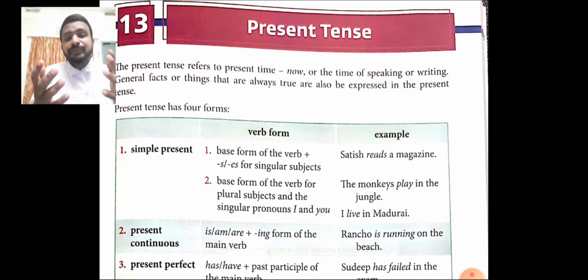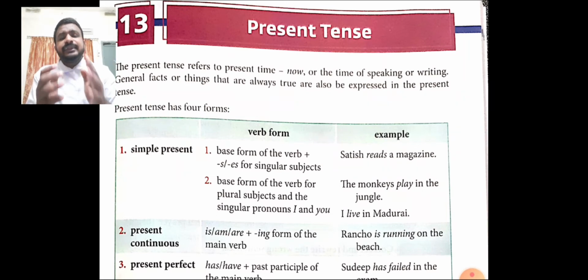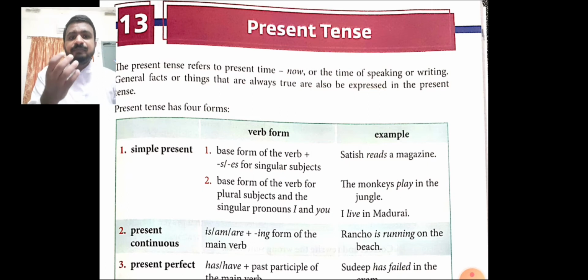So that is happening in the present time. Then general facts or things that are always true are also expressed in the present tense. For example, the sun rises in the east. That is a true fact. So those facts are also expressed in the present tense.